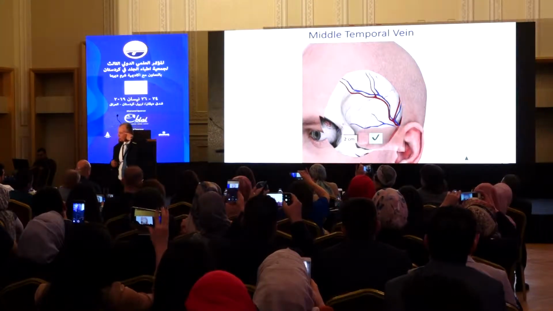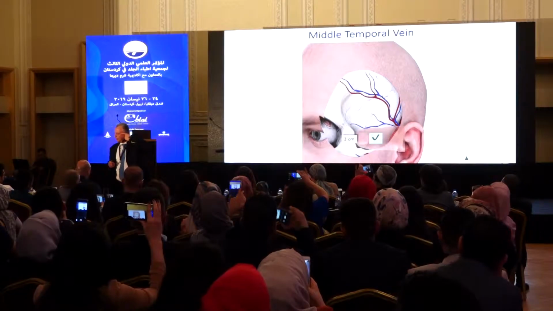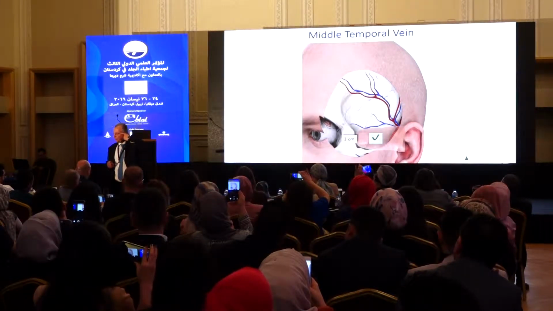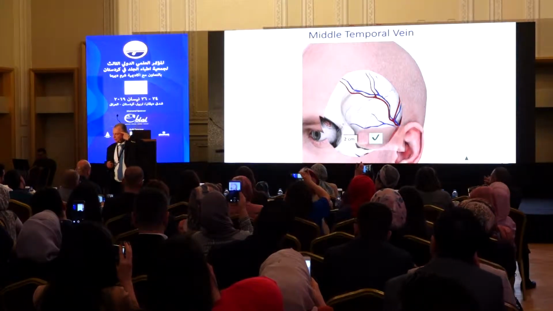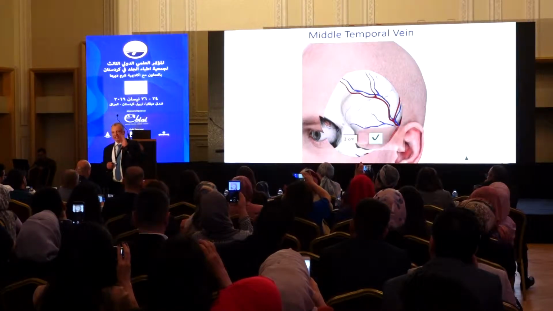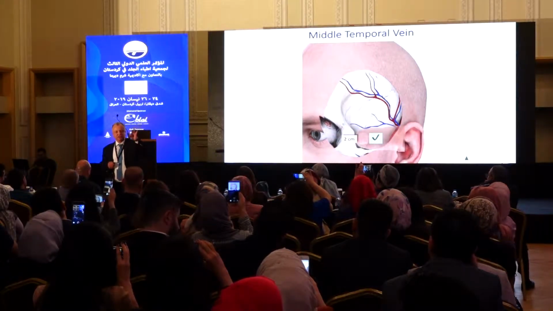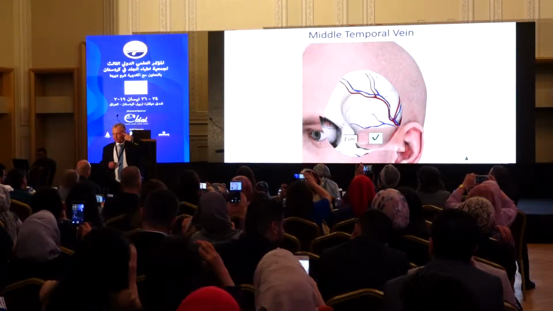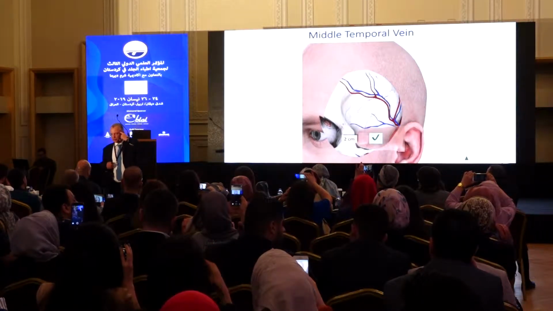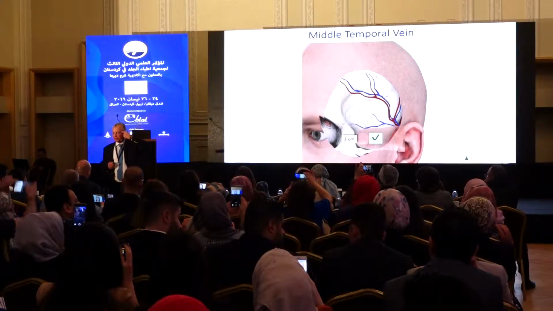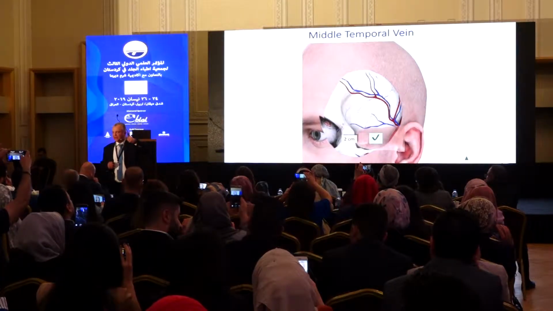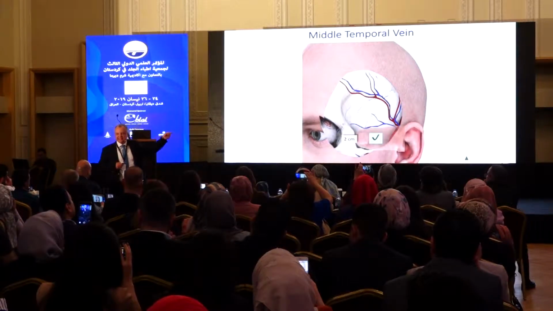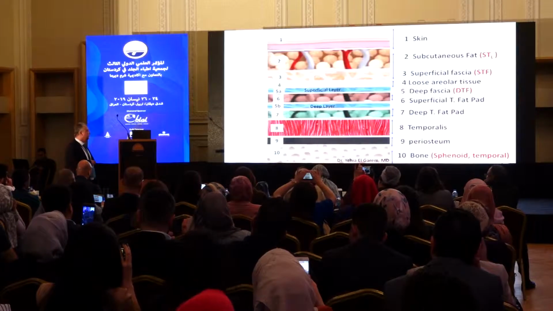This is the zygomatic arch, and 2 centimeters is safe, just below my finger. Above is the middle temporal vein. So do not inject more than 2 centimeters above the zygomatic arch. If you inject a little bit higher, you might go inside the middle temporal vein.